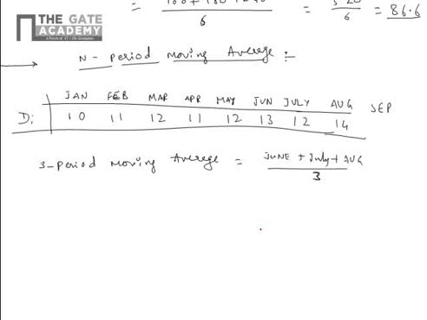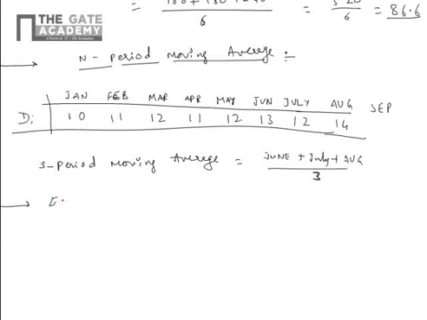Whatever period is mentioned, we have to take that number of recent values. That is the n period moving average. Here again you can make it an n period weighted moving average also, where you give weights accordingly. The recent values get higher weights, and old values get lower weights.